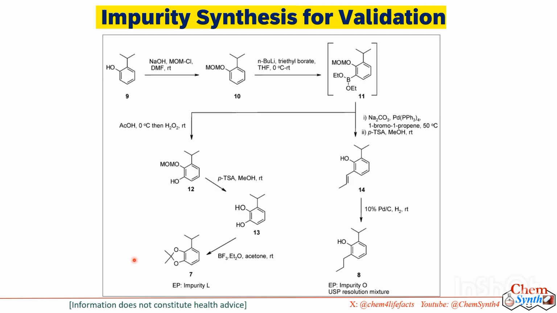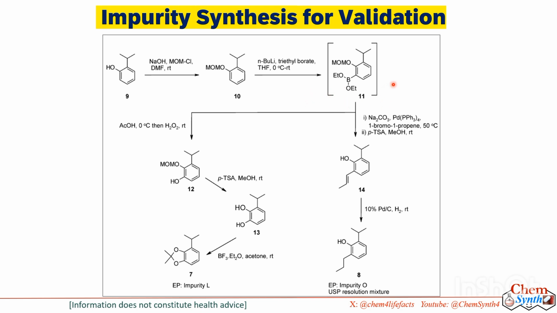To synthesize those probable impurities 7 and 8, they started with this molecule. This is an isopropyl substituted phenol molecule, monosubstituted. So first they did MOM protection of this phenolic OH group, followed by treatment with n-butyllithium and then boryl group introduction by using triethyl borate.